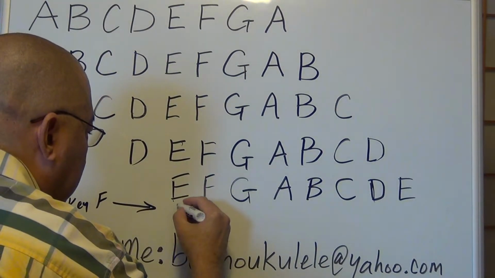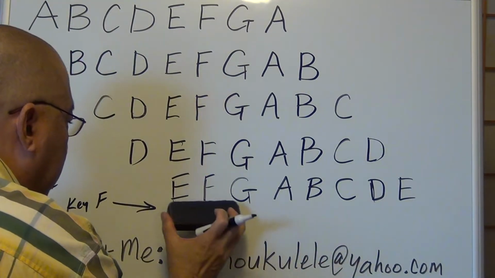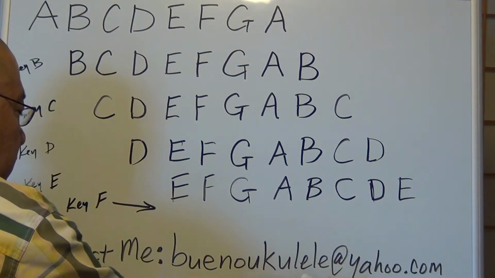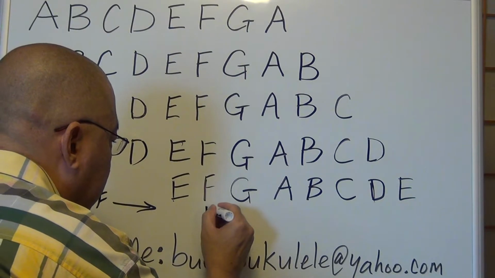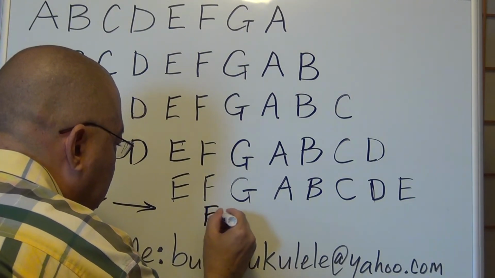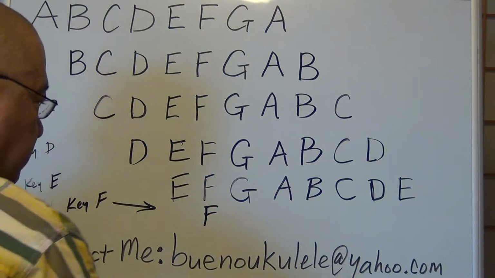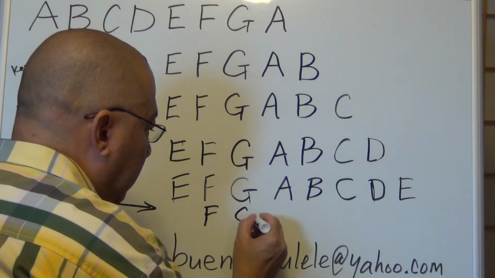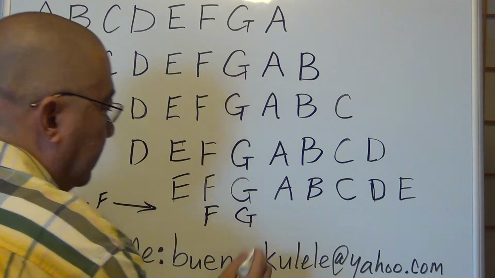Okay. Sorry about that. Key of F. Okay, starting with F, next letter is G. What comes after G?